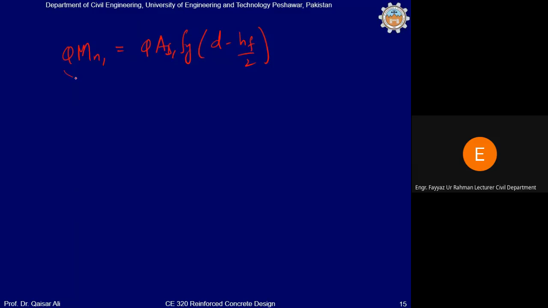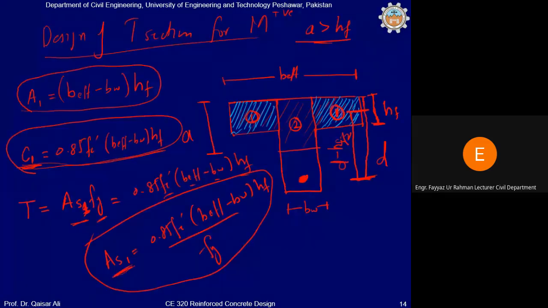Now this is the capacity corresponding to As1, or you can say it is capacity corresponding to area 1 because you have calculated As1, based on the compression area 1. Clear? यहाँ तक क्लियर है कि नहीं?